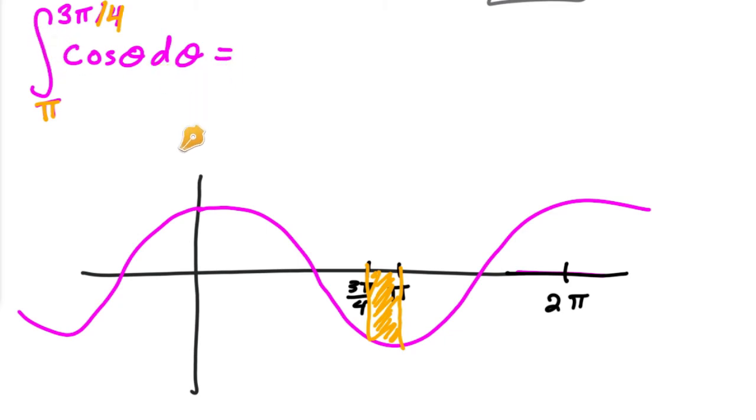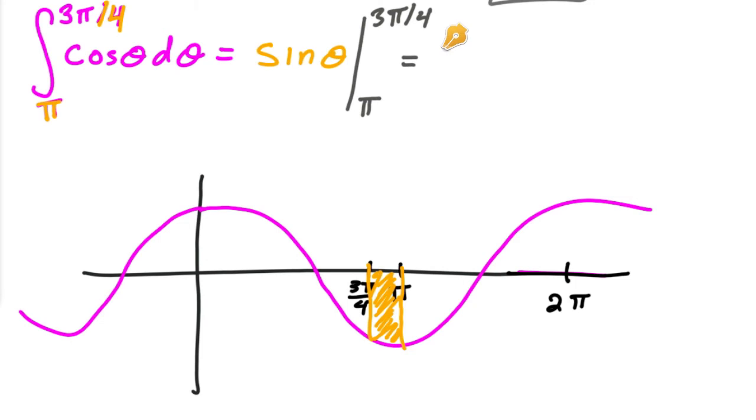But see, it's all built into the fundamental theorem of calculus. You don't have to worry about anything, nothing. So all you need to do is find the antiderivative, which is sine of theta, and you're going to evaluate from pi to 3 pi over 4.